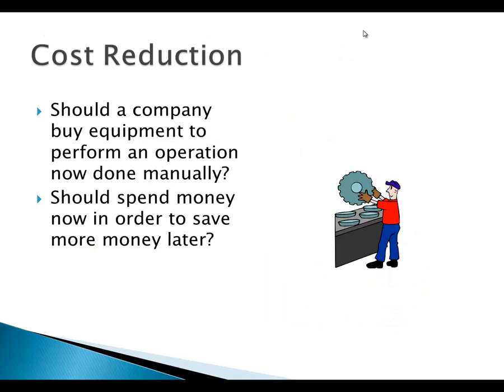Another decision will be, like we said, the cost reduction, and one of the questions is, should a company buy equipment to perform an operation that is being done manually, like automation of that process? Remember that this might be a huge investment in order to save more money later.